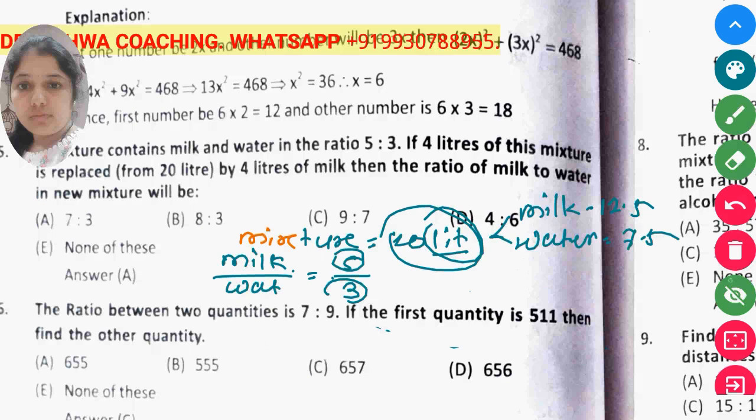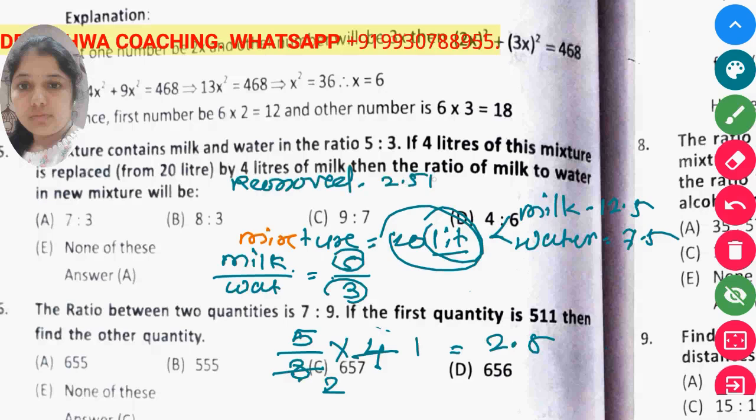So see, the proportion of milk in the mixture is 5/8, and if in 8 parts 5 parts are milk, then in 4 parts how much milk is there? 4 1s are 4 and 4 2s are 8. 5 divided by 2 gives us the answer as 2.5. So 2.5 liter milk is removed. Now how much water is removed? 4 minus 2.5, that is 1.5 liter.